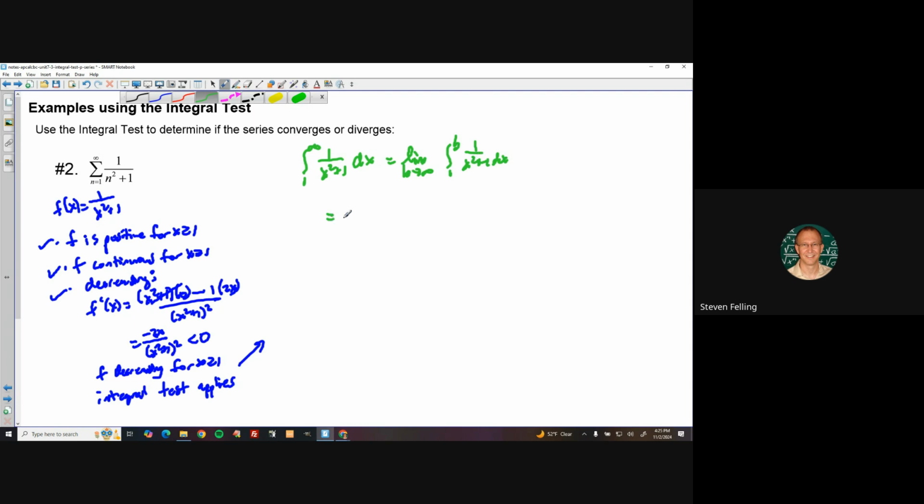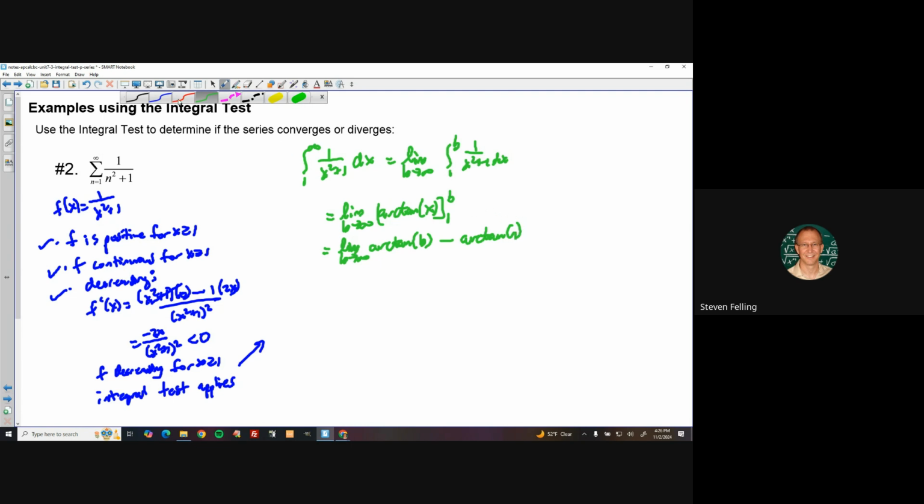So that means that we can go straight to the antiderivative. The antiderivative of that is 1 over 1 times arctangent of x over 1. So arctangent of x, that's the antiderivative from 1 to b. And so that means we're going to have to take our two copies, limit as b approaches infinity, arctangent of b, and then minus another copy arctangent, but with a 1 plugged in.